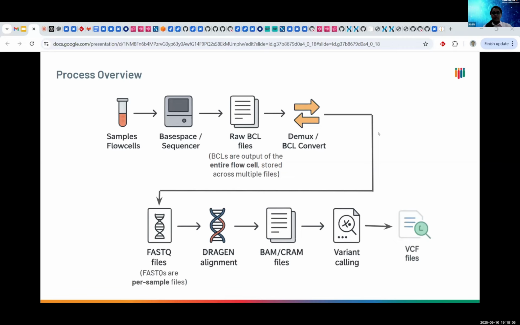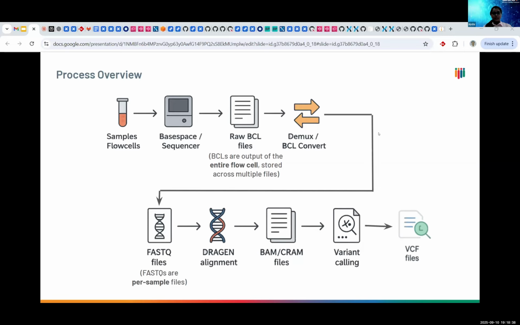I was talking about taking a closer look at the journey of data from the moment we have the patient samples to the point we actually get usable genomic information. When we have the samples on flow cells, we initially load them into a sequencer, right? And the sequencer reads and produces what are called BCL files. The BCL files are the raw machine outputs. They are mostly Illumina specific and they aren't very useful on their own. They are basically like sensor readings straight from the machine. So the first step is to run what is called demultiplexing on them.